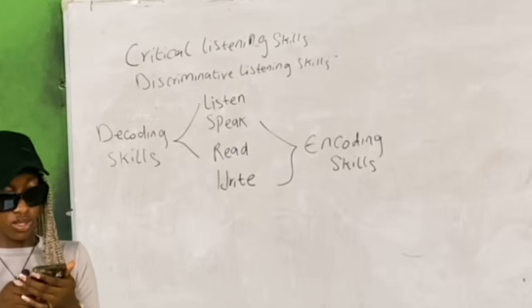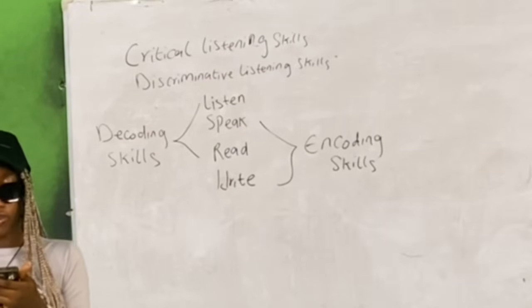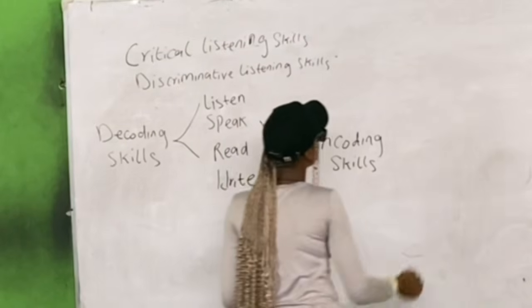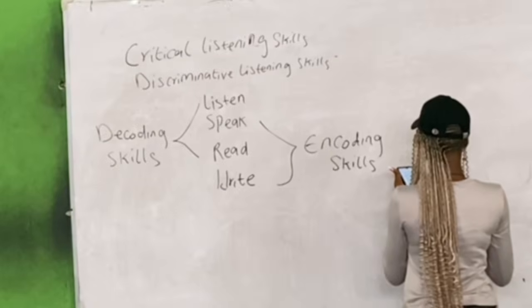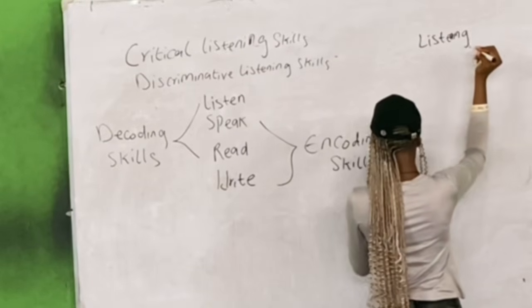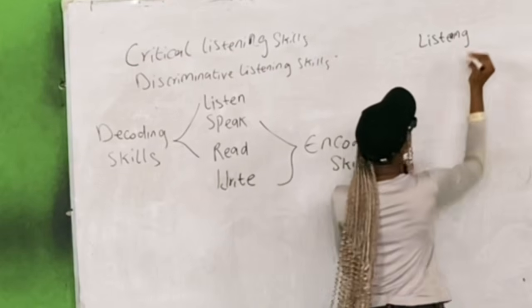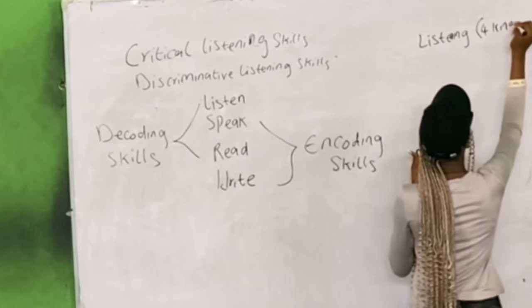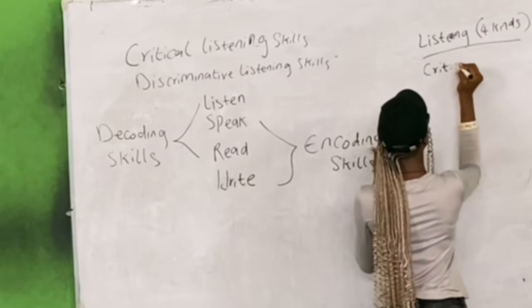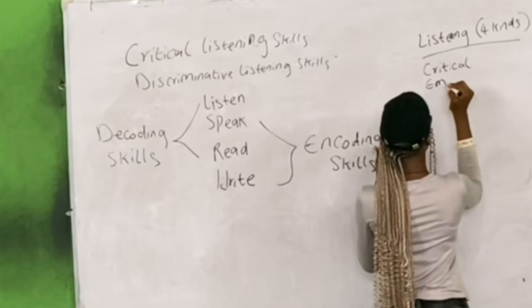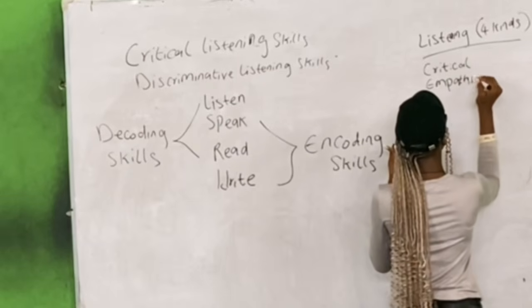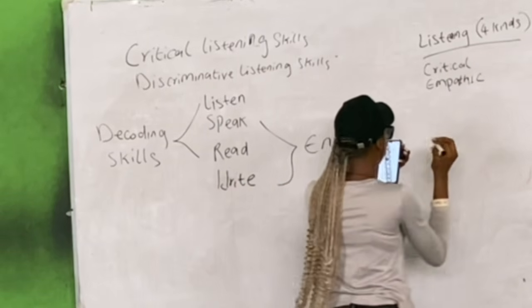The four kinds of listening skills include, let me write it down. Are you seeing it? Okay.